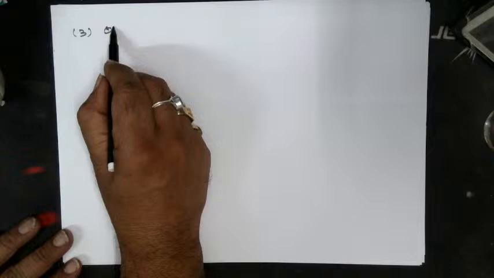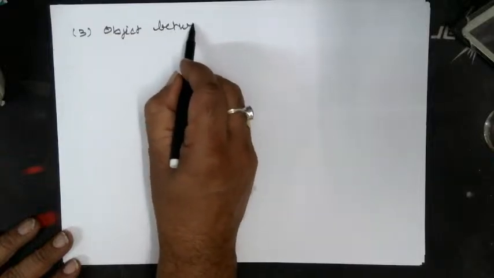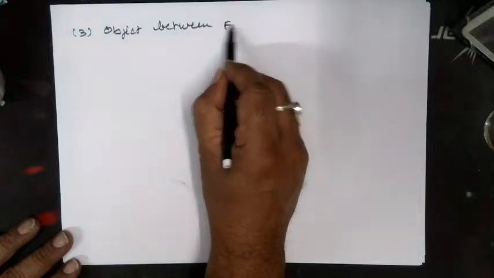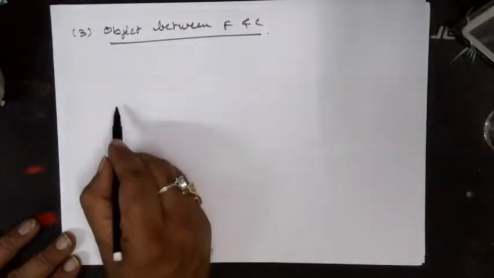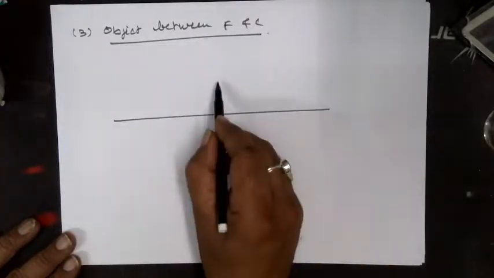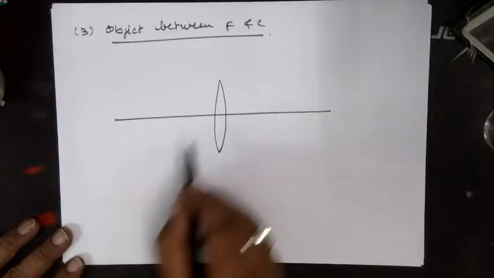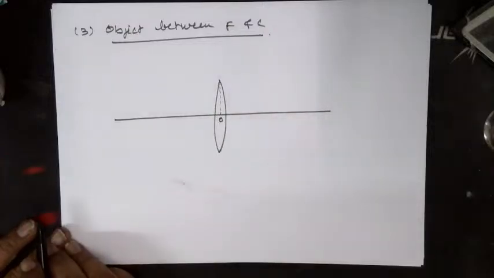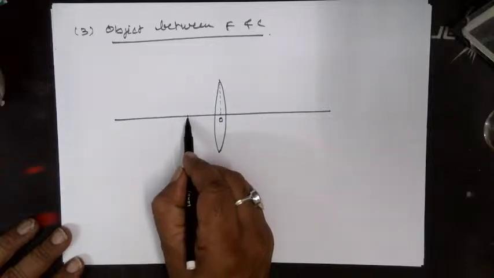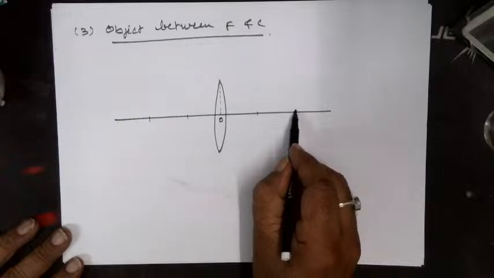Third point, object is placed between F and C. This is the principal axis. Draw the lens, and O is the optic center, mark the F1, F2 and twice of it is C1, C2.